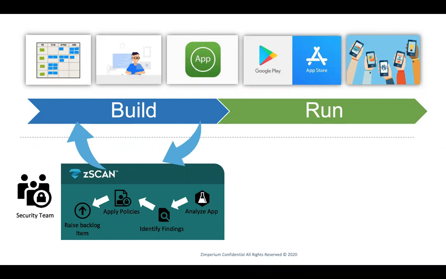We actually think it'd be great if the developers didn't even know that Zscan existed. All they know is they got a ticket to go fix something. Scott, I think those themes are critical, and I imagine from your conversations with customers that they resonate pretty well.